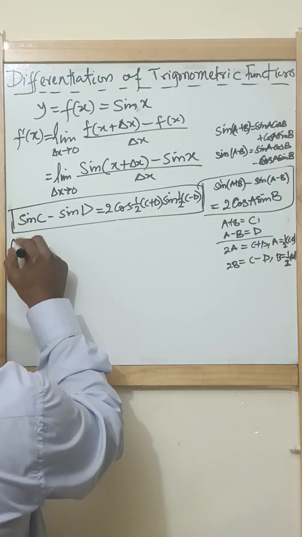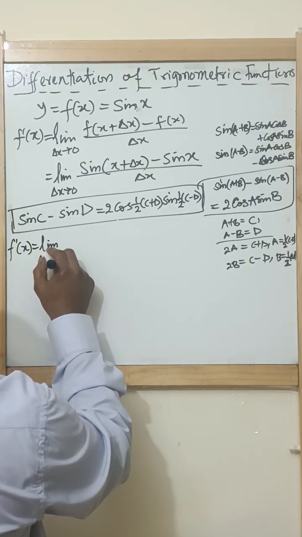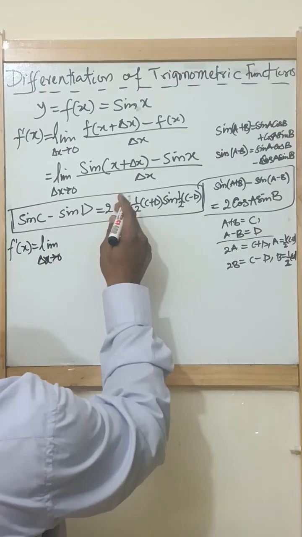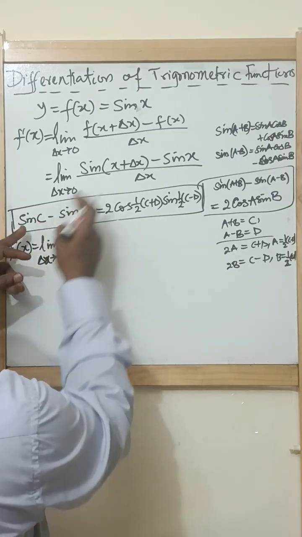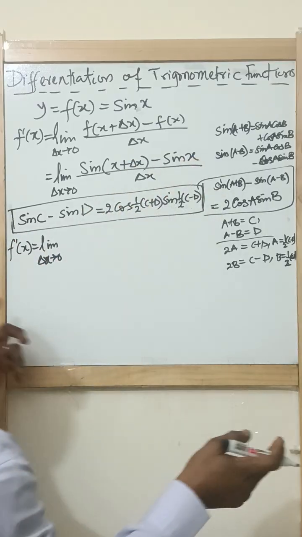Our f prime of x is the limiting value as delta x tends to 0, where C is now x plus delta x and D is now x.